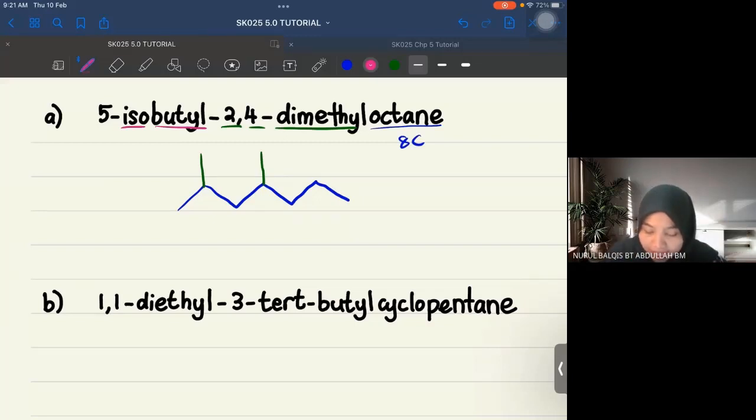Wait, isobutyl, sorry. Your isobutyl here comes from this 1, 2, 3 and 4 makes up the butyl, and the iso is the part yang kita nampak here. Bentuk macam ekor ikan. Okay, boleh ke? Naming this 5-isobutyl-2,4-dimethyl octane?